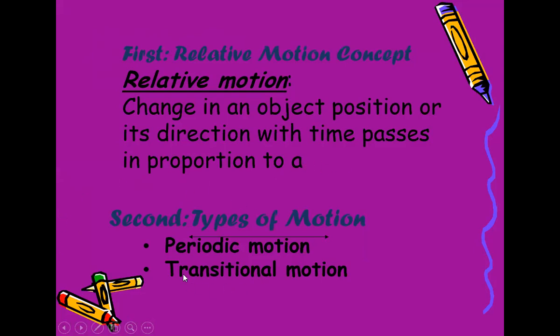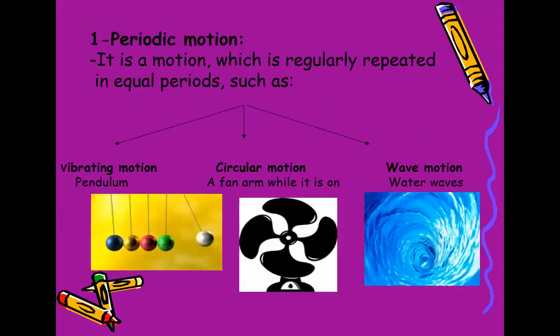Second type of motion, this is the first type of motion. The second type, we have periodic motion or transitional motion. Can you tell me the difference between both of them? Yes, Noor, what do you want? Noor, can you ask your question?